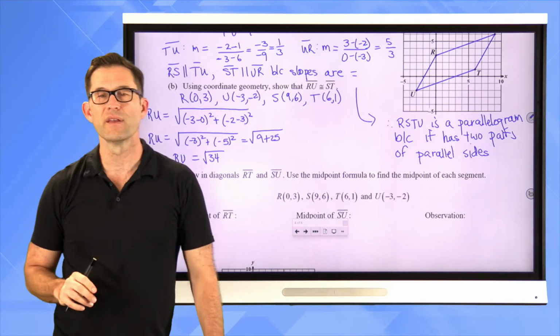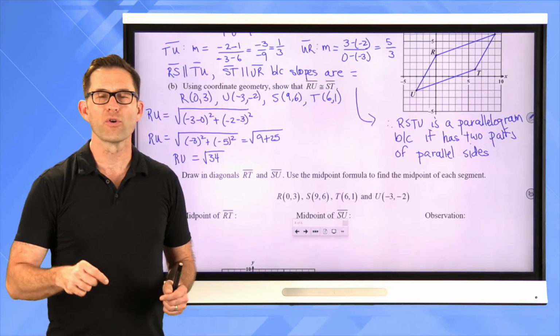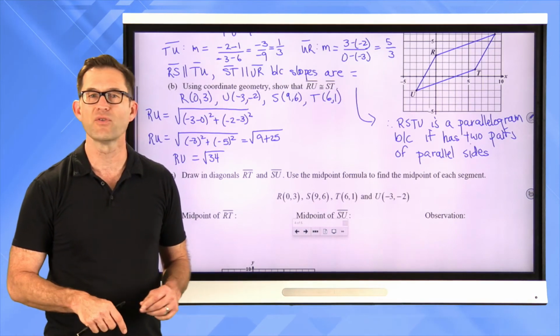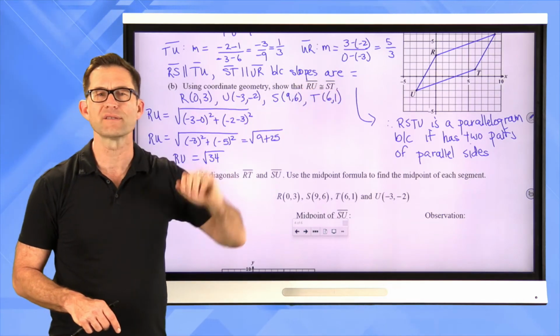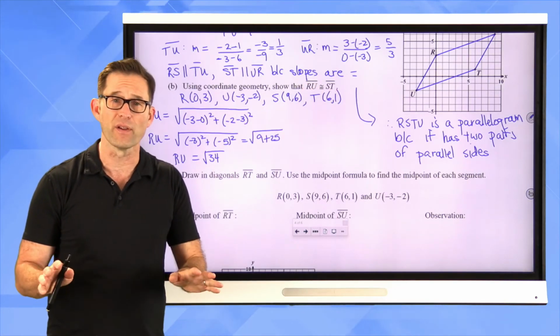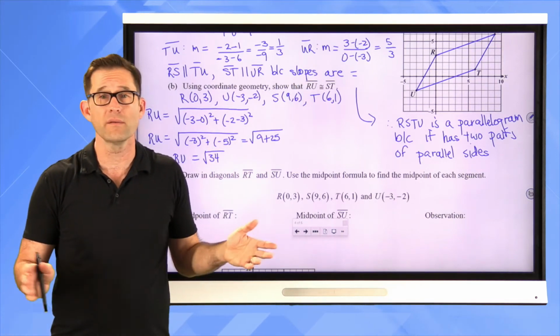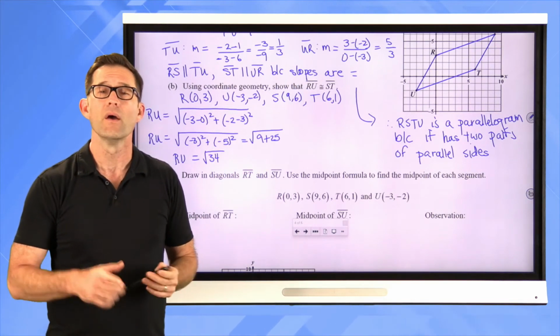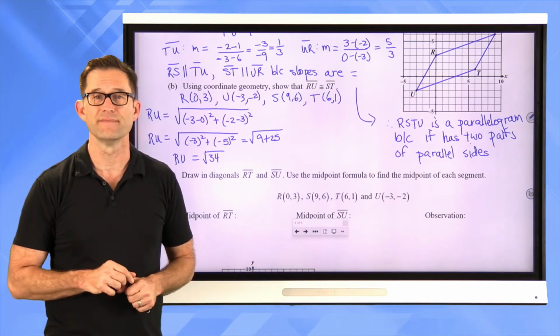Now, it's probably very tempting at this point to either try to simplify that radical or to express it in terms of some decimal, but don't. Just leave it as the square root of 34. We're trying to show that RU and ST are congruent, so hopefully the length of ST is also the square root of 34, and then we can say that they're congruent. Why don't you go ahead and use the distance formula to find the length of ST?